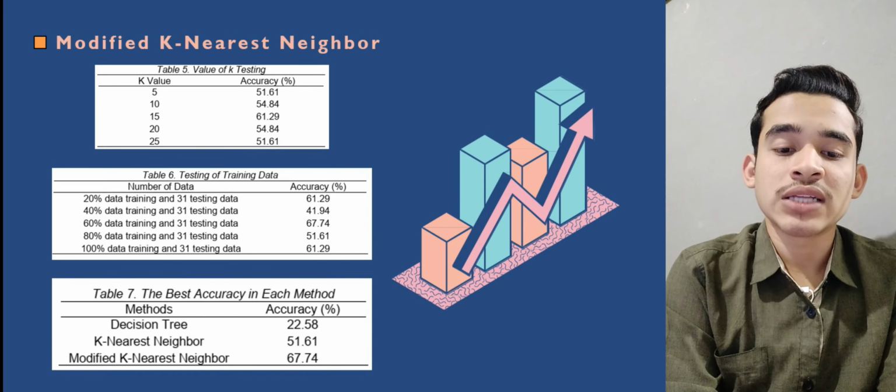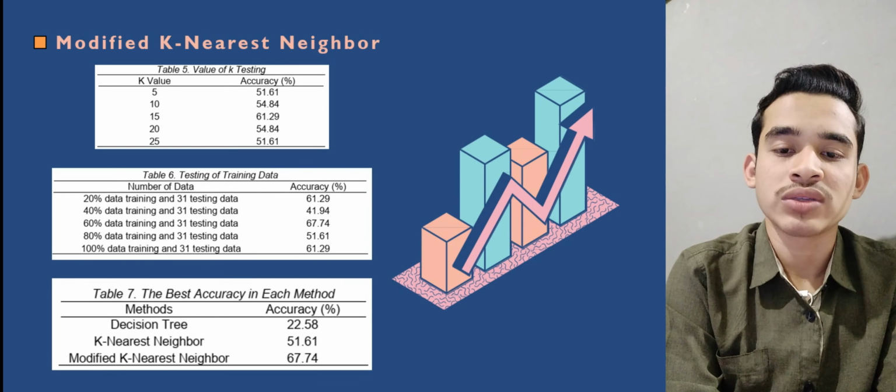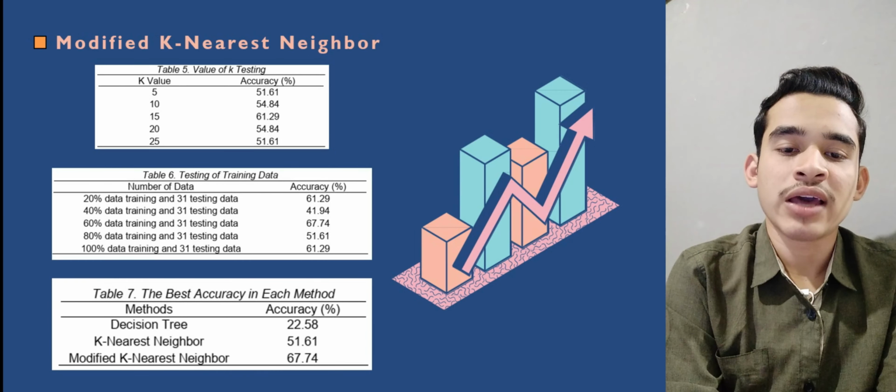The last test describes accuracy when using all training data. Thus table 7 shows the best accuracy for all methods is 67.74%, produced by the Modified K-Nearest Neighbor method. The MKNN method can provide better accuracy because this method calculates the validity value of training data based on neighbors, separating the search space and the same class label in the first step.